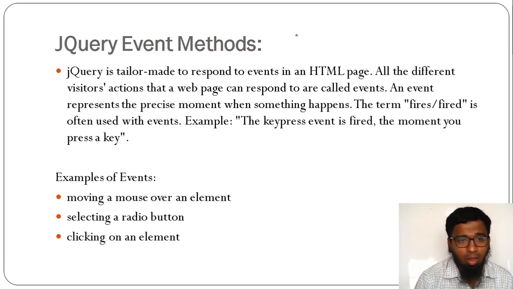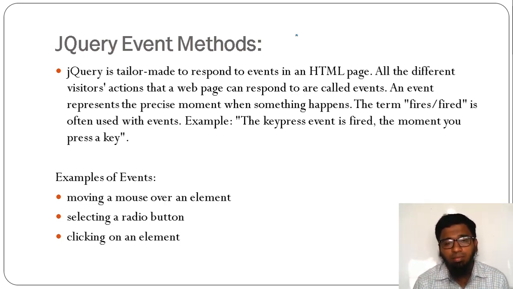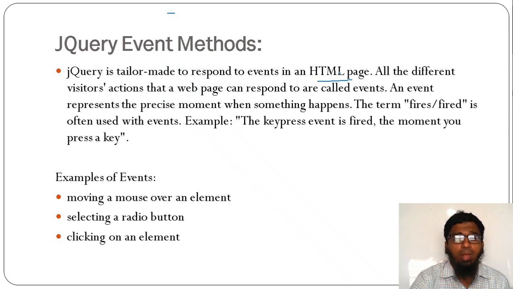Next, jQuery event methods. Okay, what is a jQuery event method? jQuery is tailor-made to respond to events in an HTML page. Okay, and all the different visitor actions that a web page can respond to are called events.